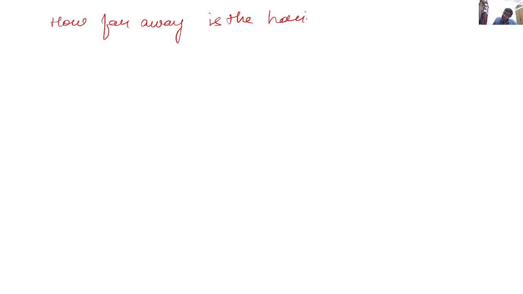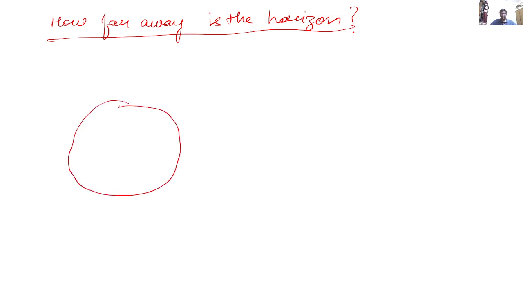How far away is the horizon for a viewer on the Earth? We just assume that the Earth is a perfect sphere, which is not the case, but we are assuming it for the sake of the problem. This is the center of the Earth. The radius is the same.